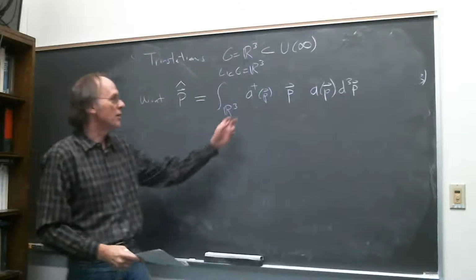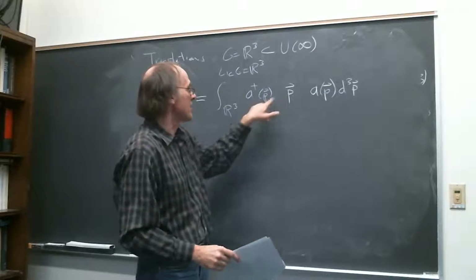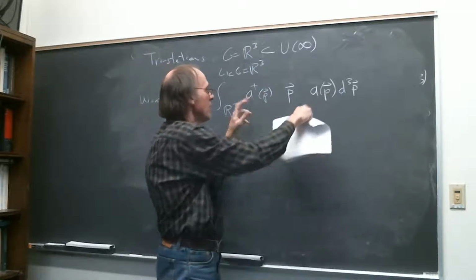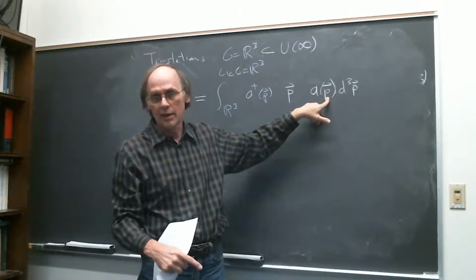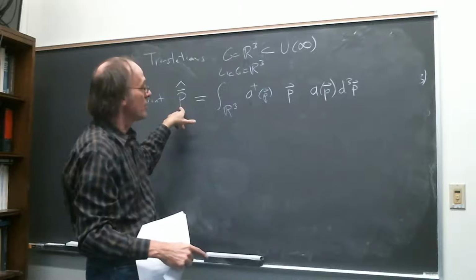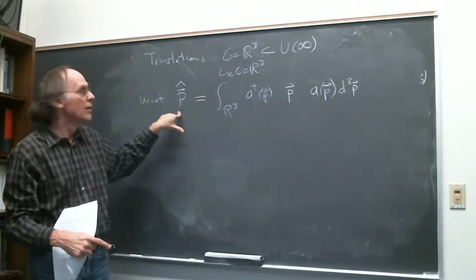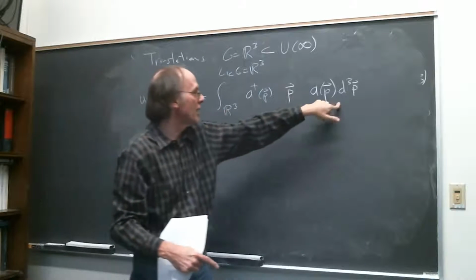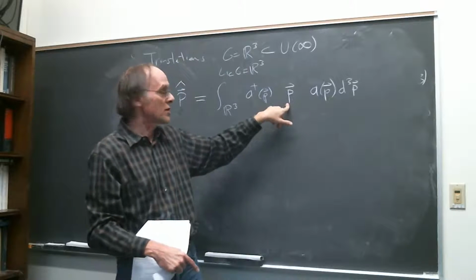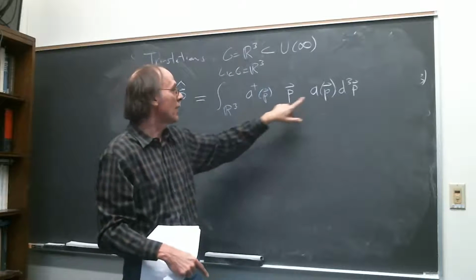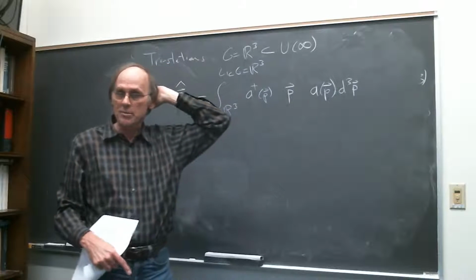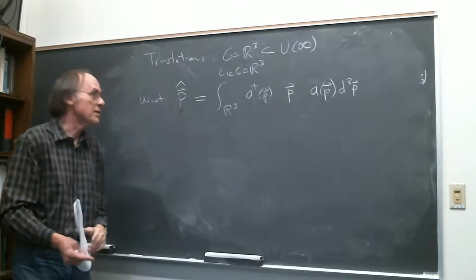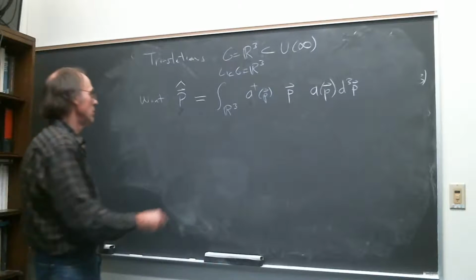What you're doing is these operators are counting the number of things with momentum P. And if you want an operator that's going to give you the total momentum, you just sum over all P's the corresponding momentum times each of these number operators, times each of the contributions from each of the states.